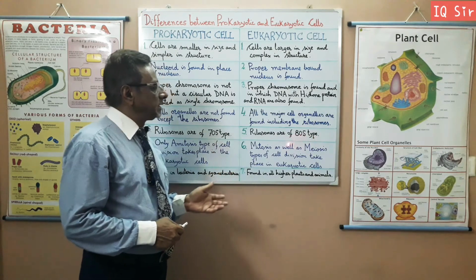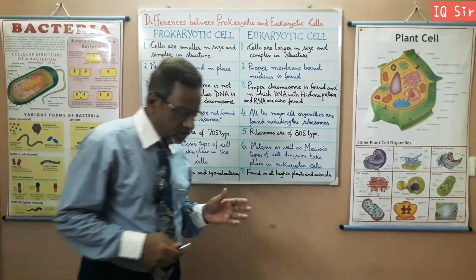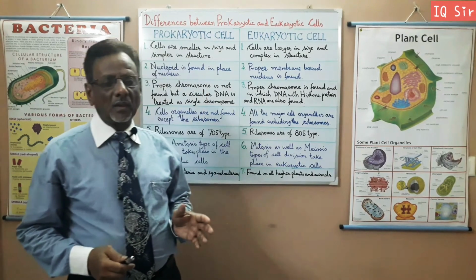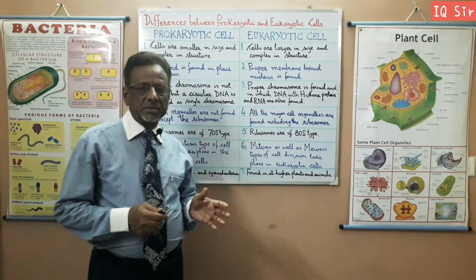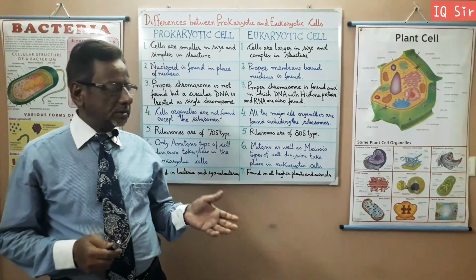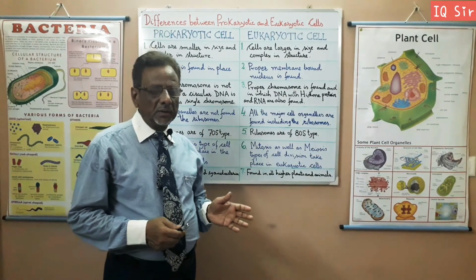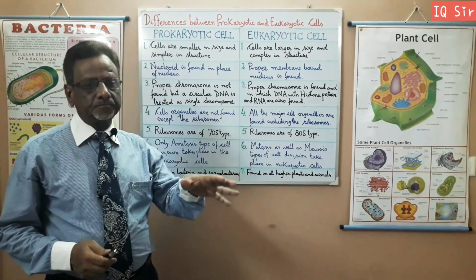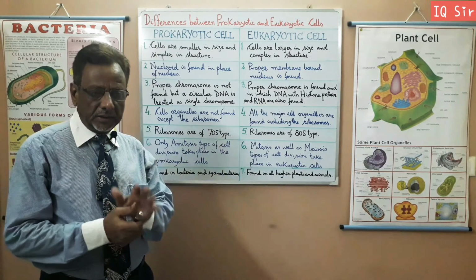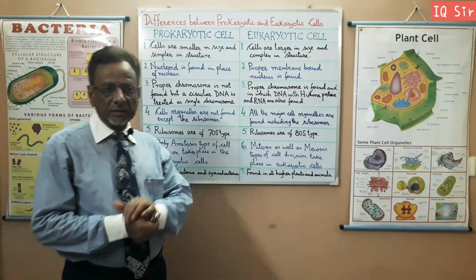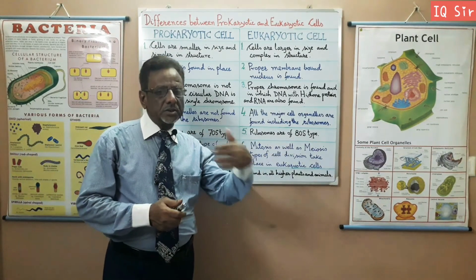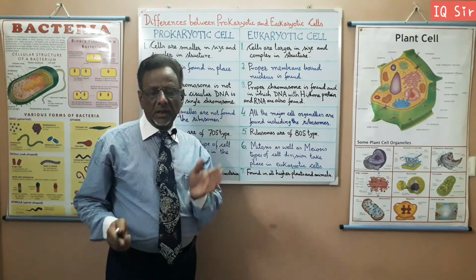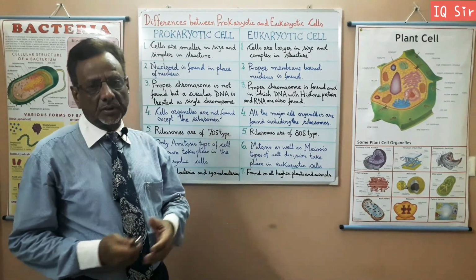Together it is 80S. Because suppose there are two brothers, one is the bigger and another is the smaller brother. When they are together, they move at a slower rate because the elder has to look after the smaller brother also.